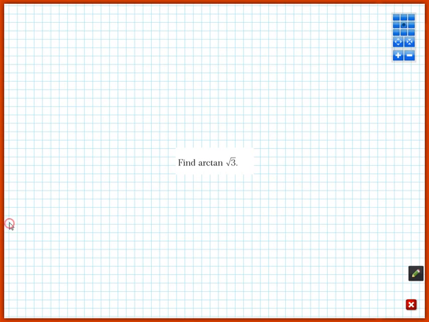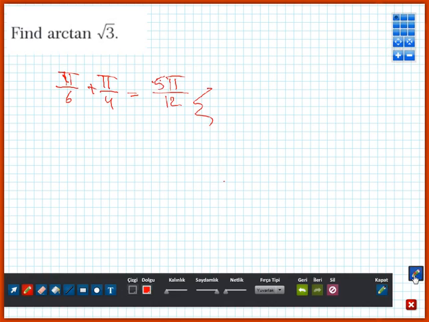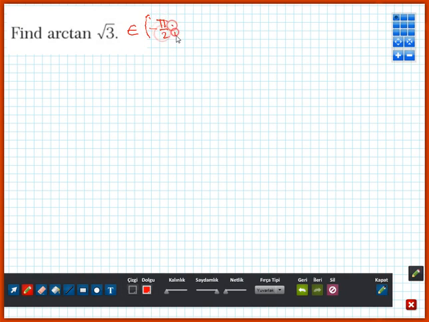Look at this example. Here the question is, we have to find the angle between minus pi over 2 and pi over 2 for which tangent will be root 3.